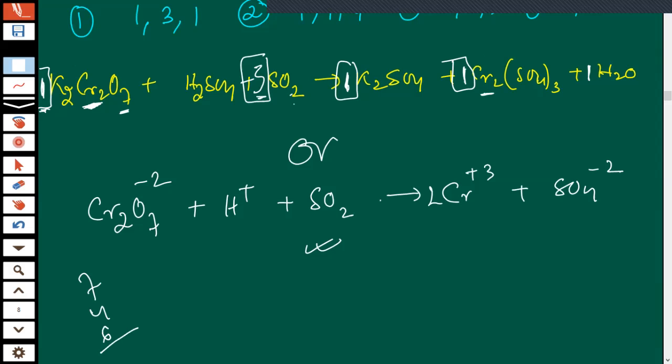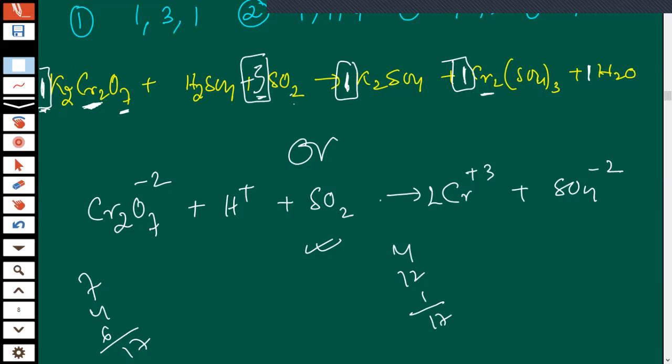How much is it? 17. 4, 4, 12, 17. Right, 17. Sir, it is balanced. So now it is almost balanced, right? Automatically it is balanced.